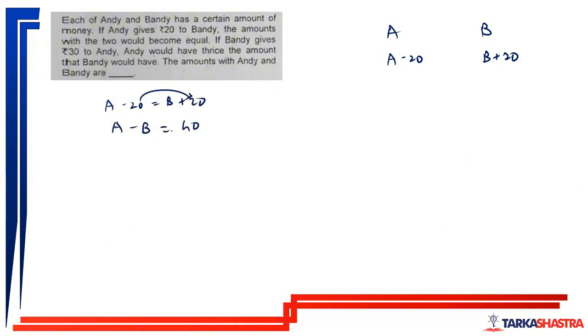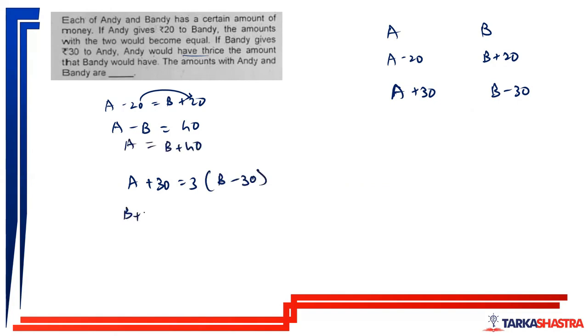Very good. If Bandy gives 30 to ND, then Bandy will have 30 less and ND will have 30 more. Then ND would have thrice the amount that Bandy would have. The amount ND will have will be thrice the amount Bandy would have. Okay, so A I can write as B plus 40. So here B plus 40 plus 30 is equal to 3B minus 90.